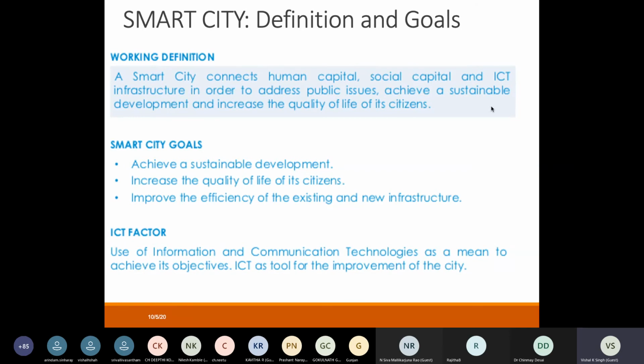This security application which I'm talking about in the context of smart city is basically a surveillance system, and how IoT or wireless sensor networks and the related technologies are used for surveillance, and what the research problems in this domain are.